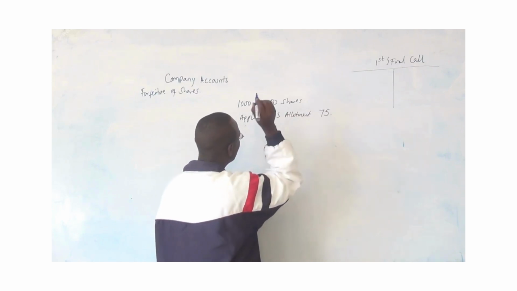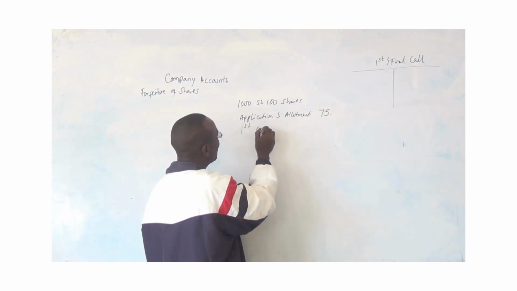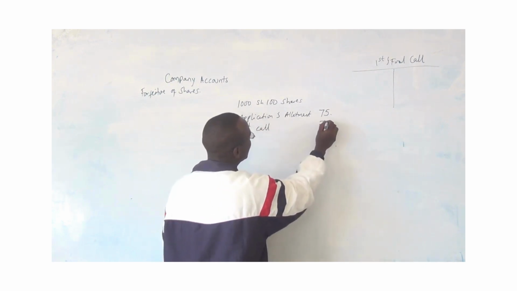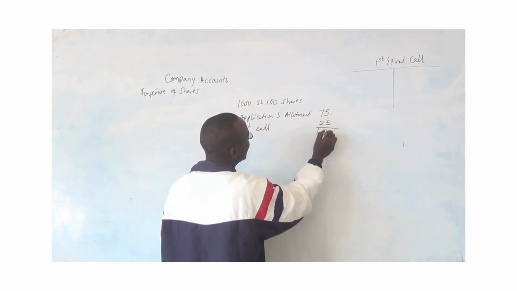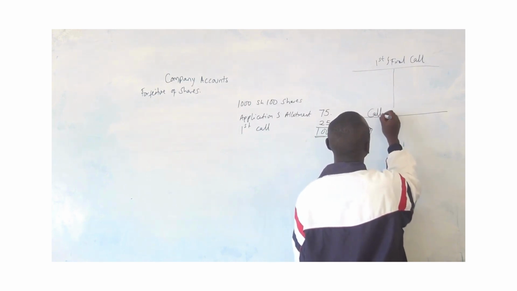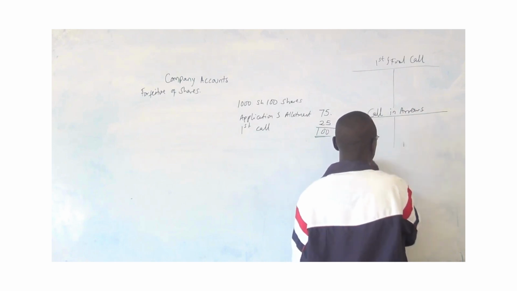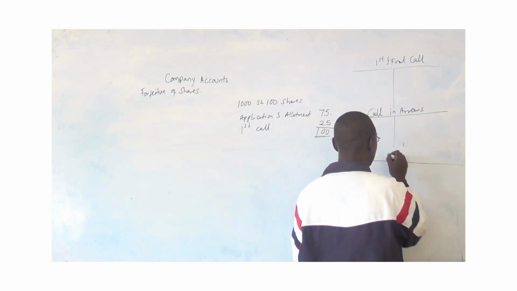See? Okay? Then there is the first call 25. All of it gives you what? 100. Calls in arrears, and then the ordinary forfeiture.